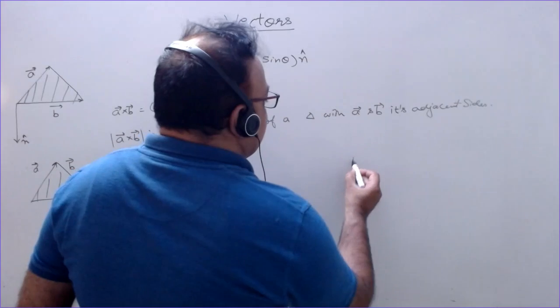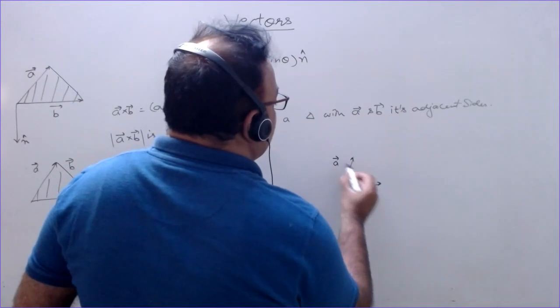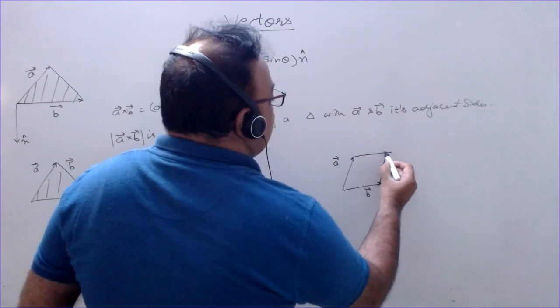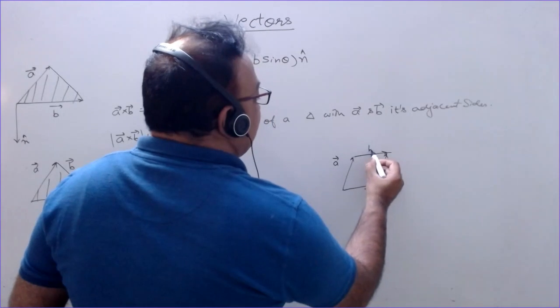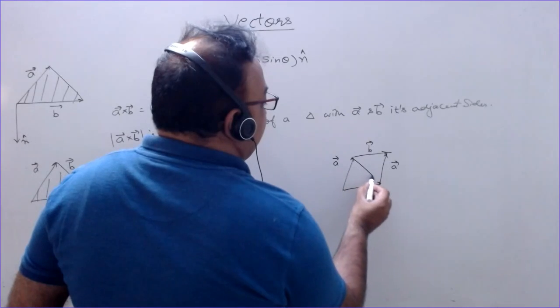Now if these two vectors form a triangle, we can form a parallelogram. This side is B, this is also equal to B, and this is also equal to A. So this can be divided into two parts.